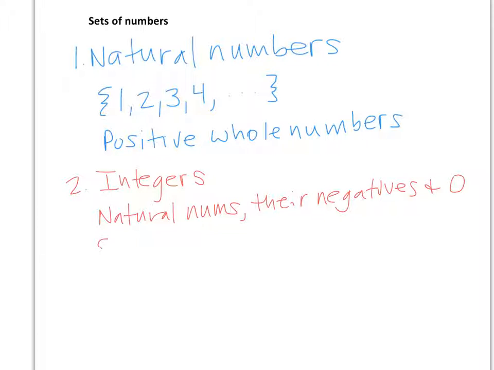So if we want to look at a set of them, we're going to be starting at negative infinity, so we start off with the dot dot dot, pick up with negative whole numbers, include 0, and then also include the positive whole numbers going up to positive infinity.